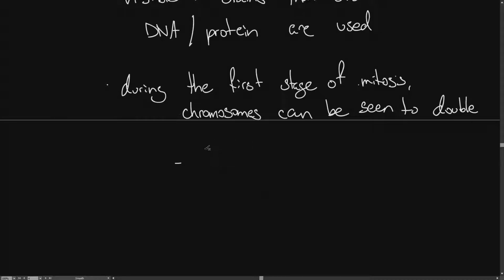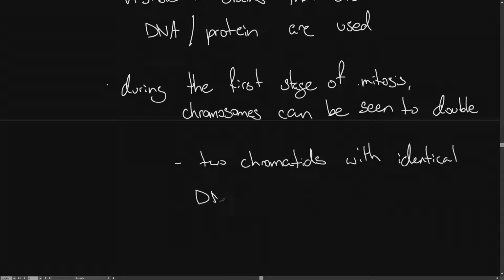And this effect is seen because there are two chromatids with identical DNA that are produced during replication.